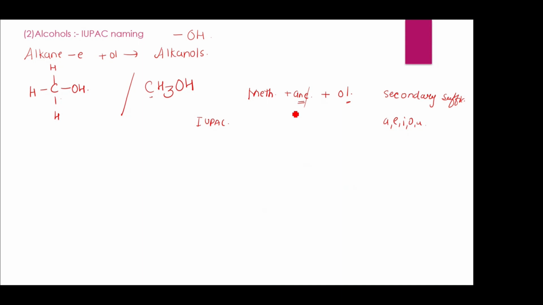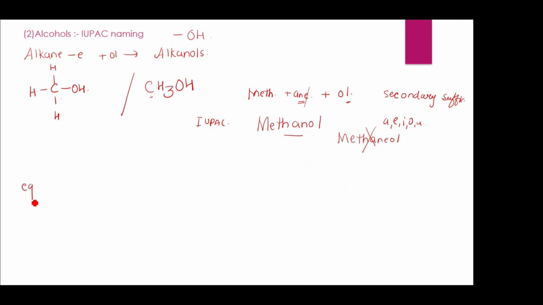And then we have to write the name as methanol. This is the name of this compound, methanol, not methaneol. So whenever the secondary suffix starts with any vowel, then in the alkane the e is dropped out, and then we have to write the name of that compound.